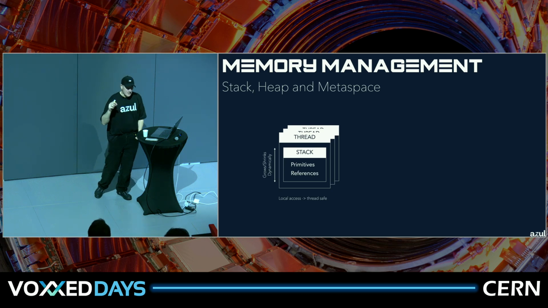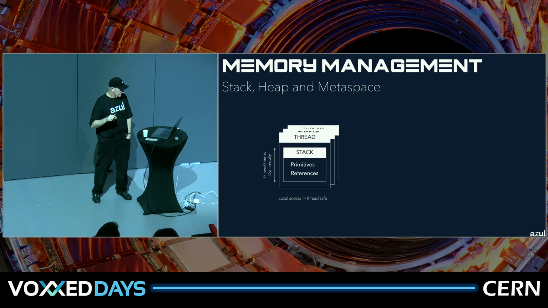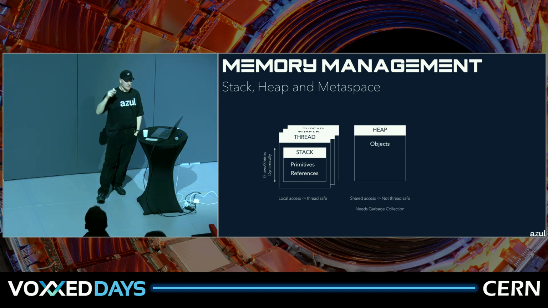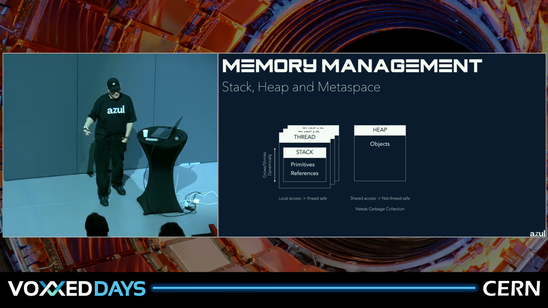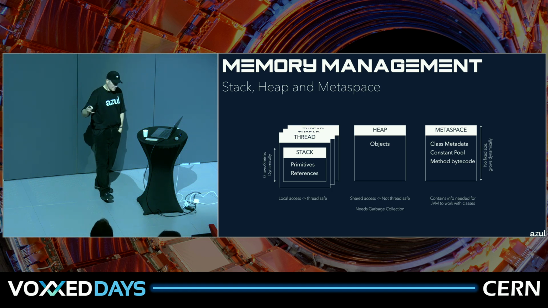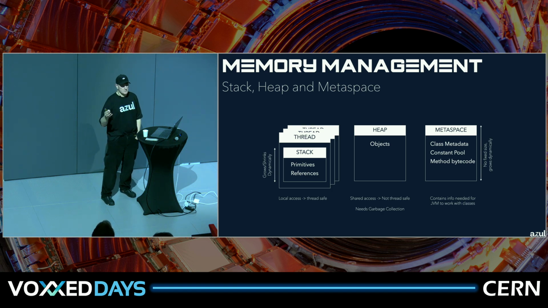To give you a little memory of how it works in the JVM, it's just a short overview. We have so-called stack frames, created for each thread in the application. They have local access, which means they are thread safe, and we store primitives and references in there. Then we have the heap, where we store the actual objects in the JVM. And there's another thing, the metaspace, where we have, in short, everything the JVM needs to handle classes.